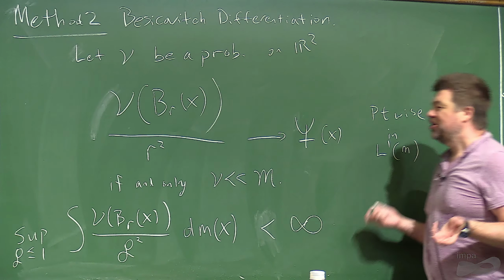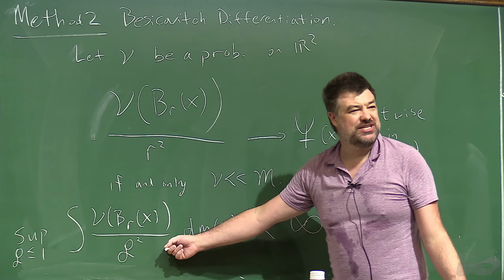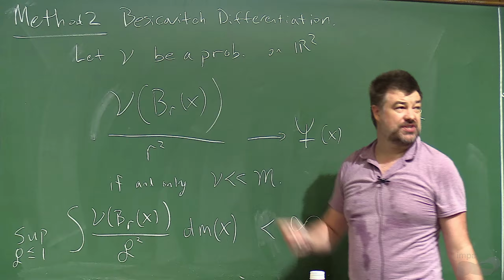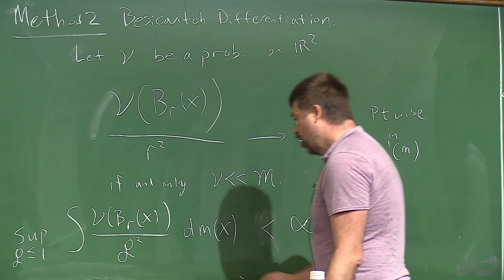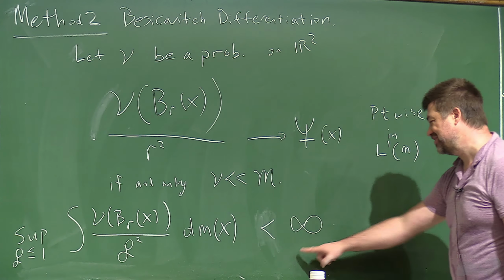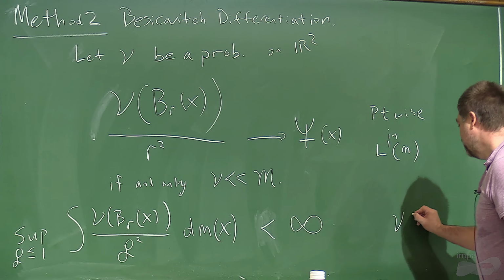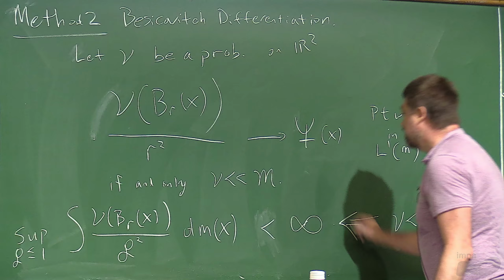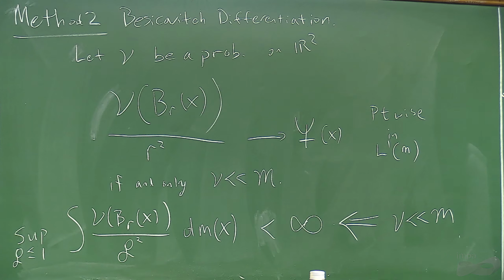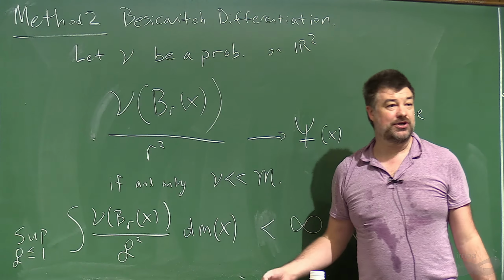And it's not at all clear, but somehow this is a little bit of an easier object to work with than this pointwise object. But there's an implication here. This is true if nu is absolutely continuous with respect to m, because it's converging in L1. So if I know I'm absolutely continuous, I have finiteness of this thing in all parameters.